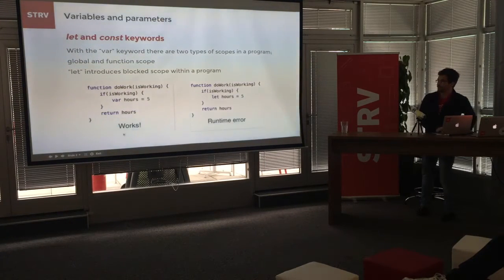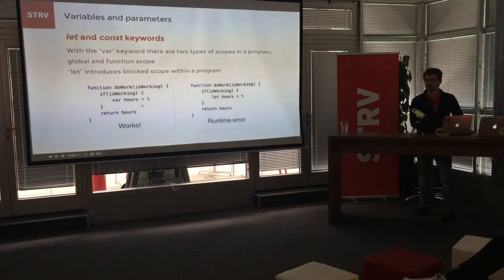this one over here on the left-hand side from your side, we're using the var keyword within an if statement, and this is perfectly legal, so it will still return the value 5 in case the variable is true or truthy in a sense. That's because there is no block scope when you use the var keyword.